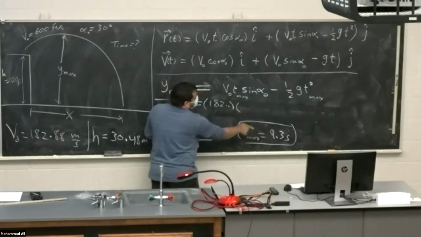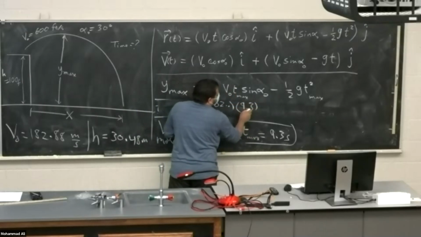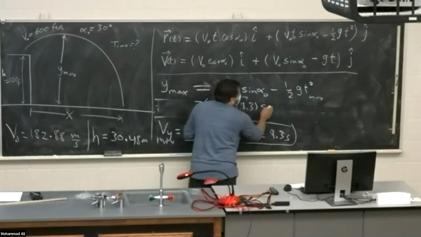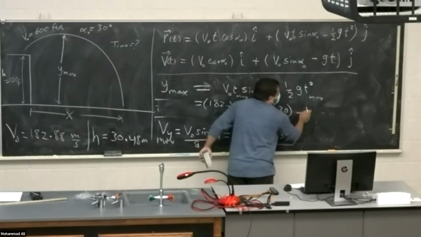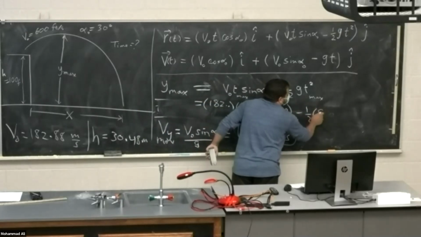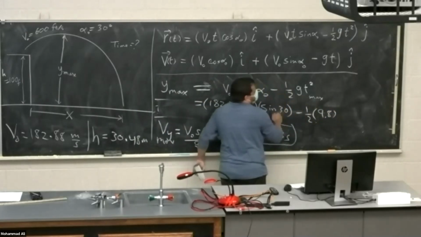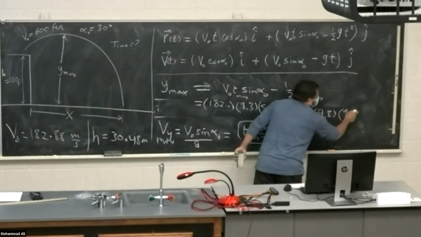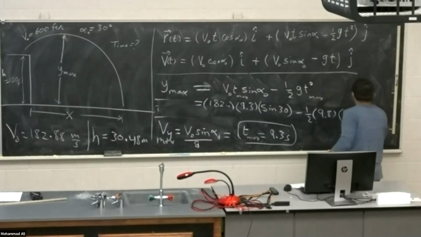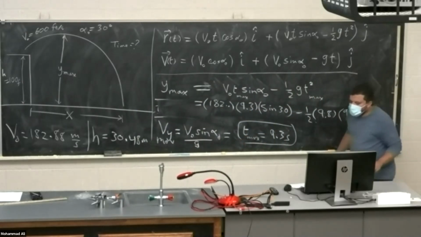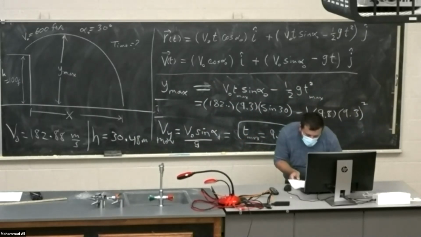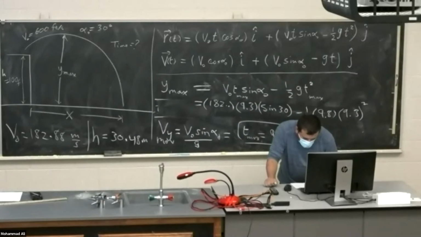The time is given or found, 9.3, sine 30, which is a half, minus 1 over 2 G, 9.8. I put the minus there. The time 9.3, yes, squared. This will give me the maximum altitude.